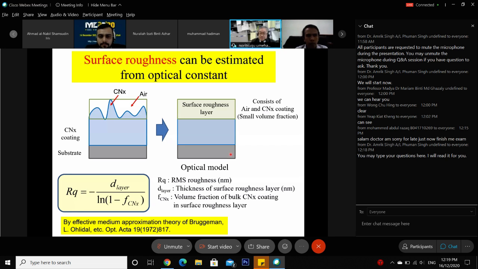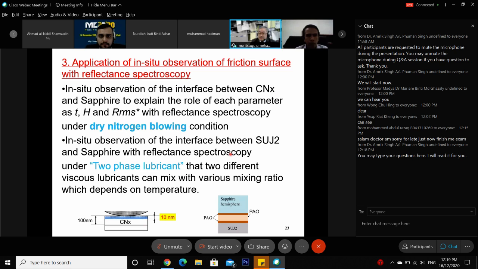Reflectance spectroscopy can give many interesting properties, not only the thickness but also the nk value, the optical properties. It enables in situ observation of the interface between carbon nitride and sapphire to explain the role of each parameter: T, H, and root mean square roughness.